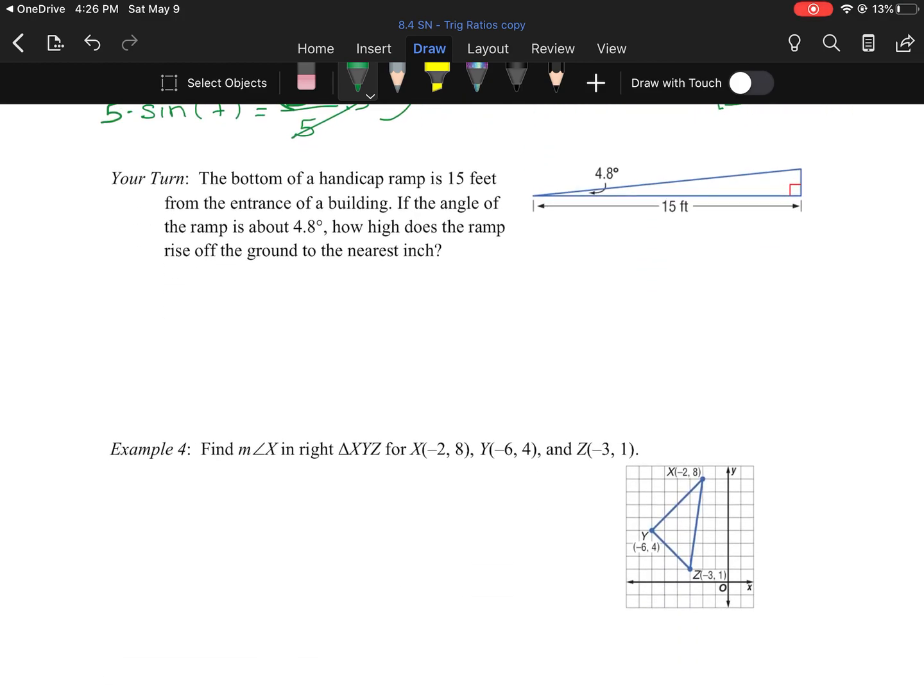So take a moment, try the your turn, and then we'll come back and double check it.